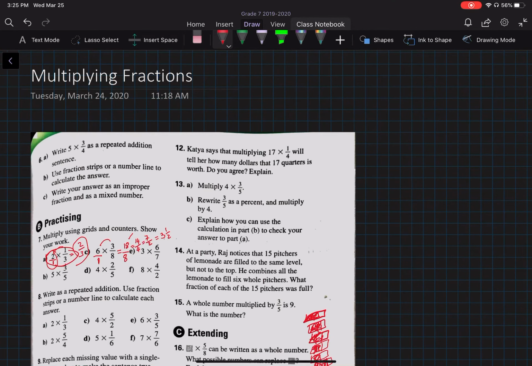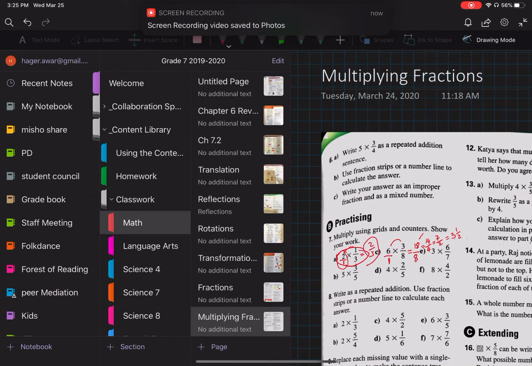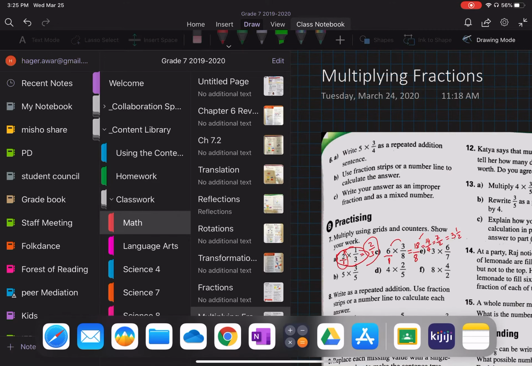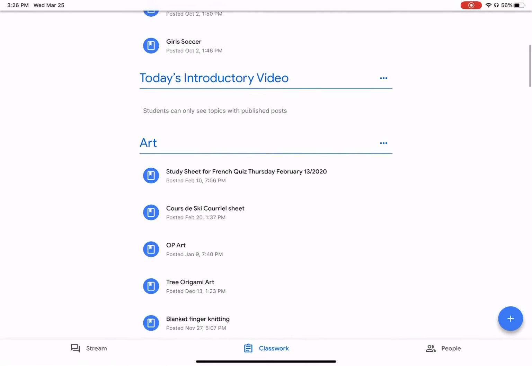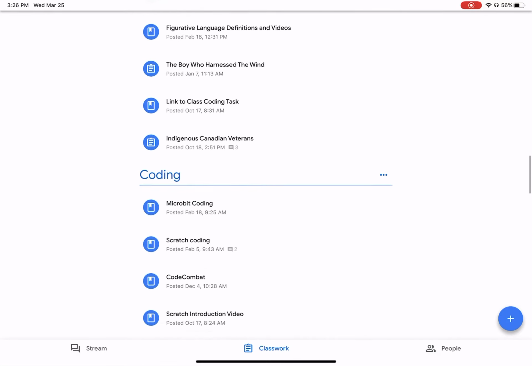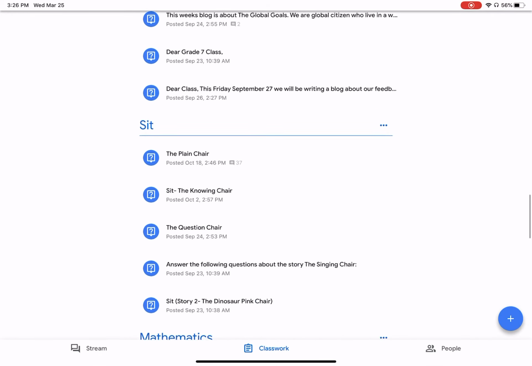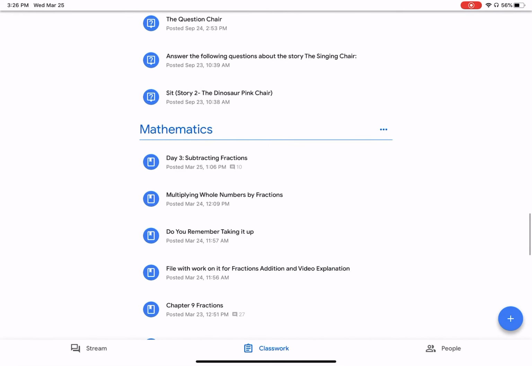Okay, so for today, you're supposed to work on the subtraction of fractions. Let me see if I can get it from the Google Classroom page. Classwork, and it's, let's see, math, subtracting fractions, and this is really what you have.